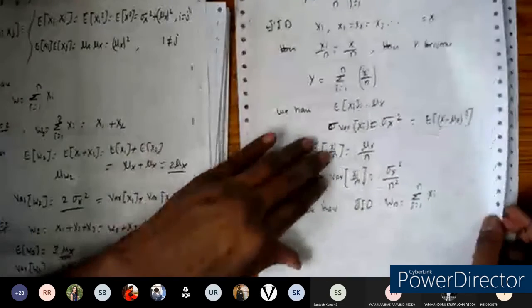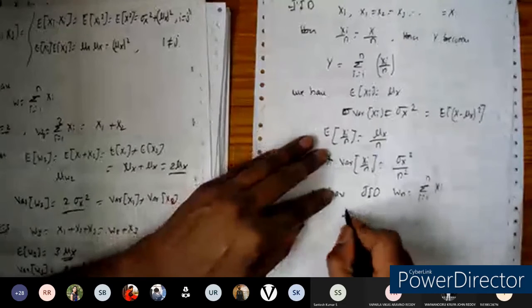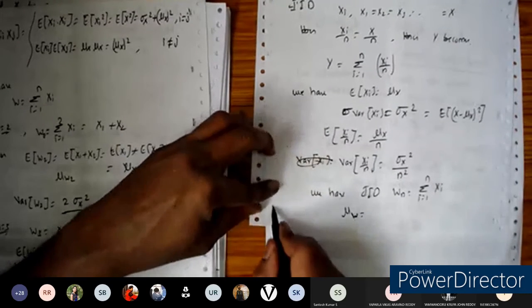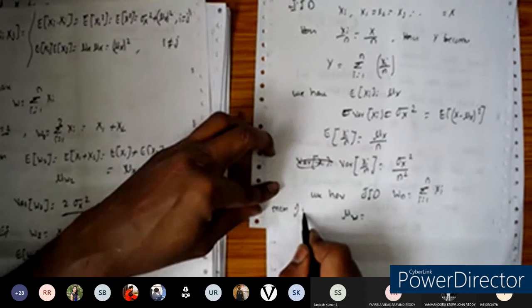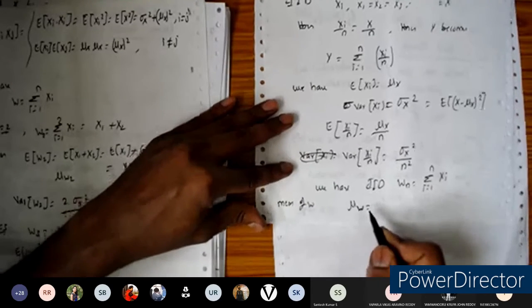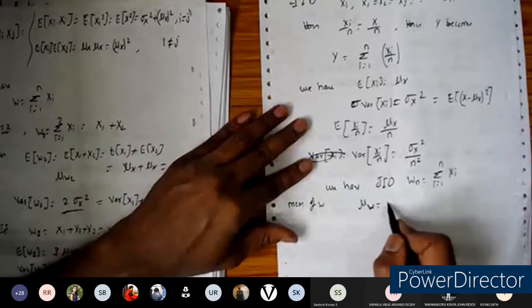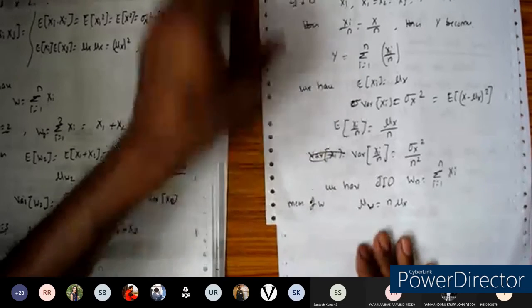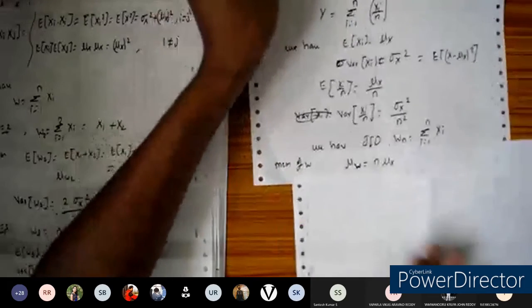So we have nu w, the mean of w. The mean of w is nothing but nu w, so it is n into nu x. Already we have seen that, n into nu x.